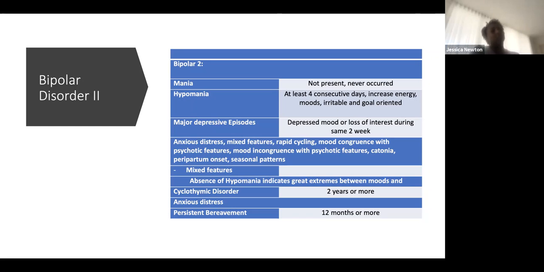It could be major depressive, it could be persistent, or previously known as dysthymia. Is grief a concern? Could it be bereavement? And we do have other specifiers in there, but we can start with the foundation, just to always have in our minds that these are the things that we need to look for.